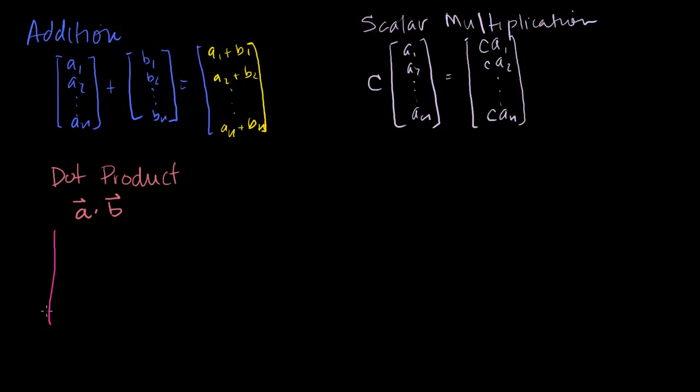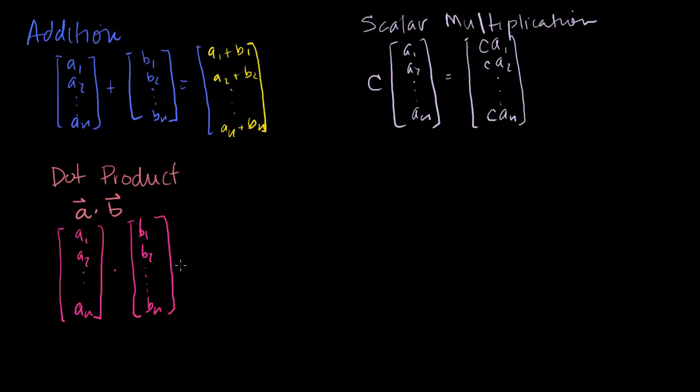But it's fun to take, and it's interesting because of what it results in. So this is a1, a2, all the way down to an. That vector dot my b vector, b1, b2, all the way down to bn, is going to be equal to the product of each of their corresponding components, so a1 b1, added together, plus a2 b2, plus a3 b3, plus all the way to an bn.